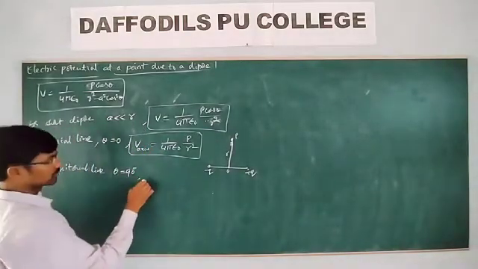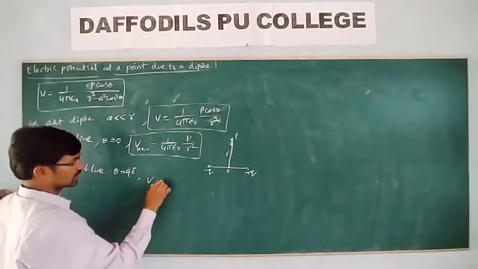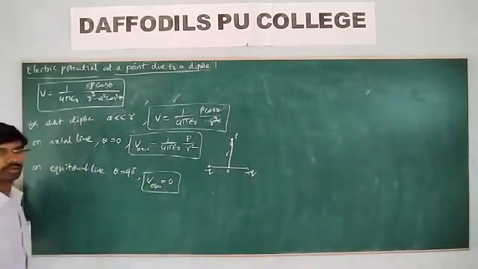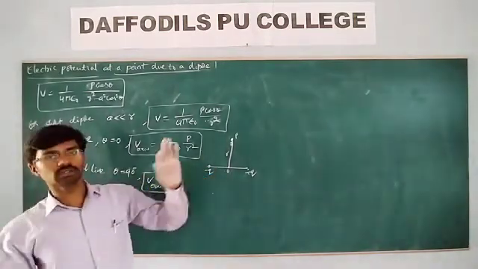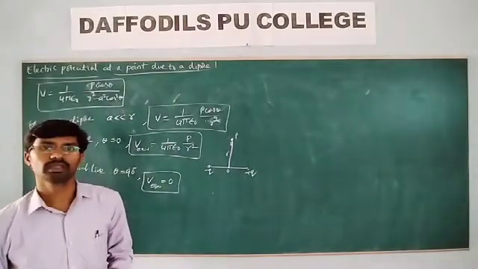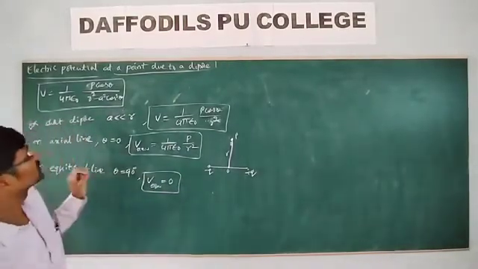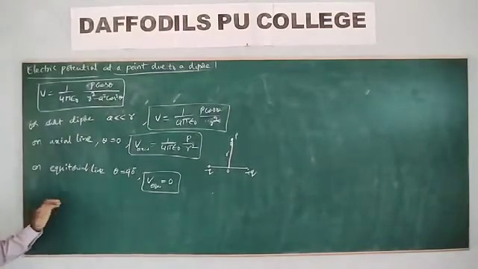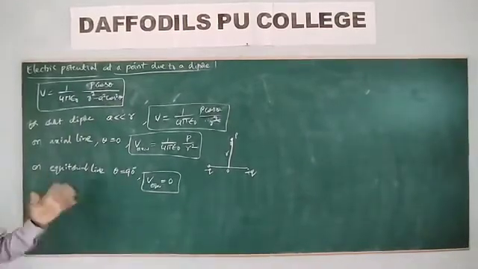Now at this point, what is the equatorial potential? 0. The potential at any point on the equatorial line is 0. So this is the potential of a dipole at any point, whether axial or equatorial.